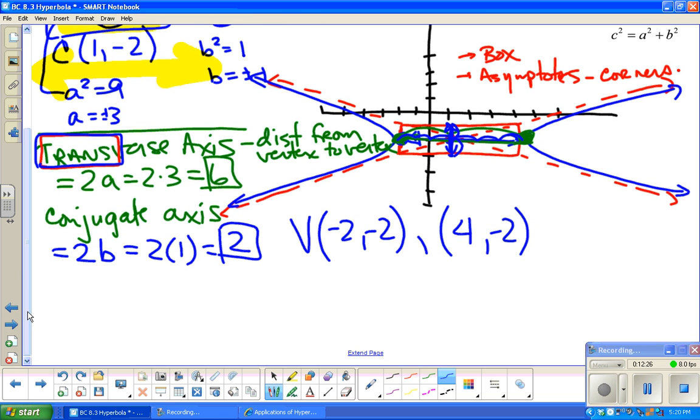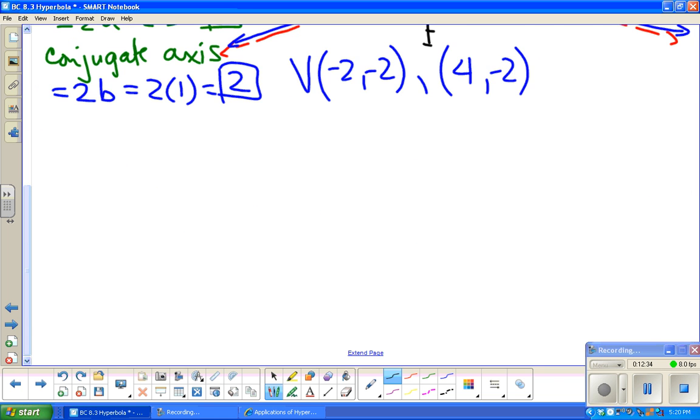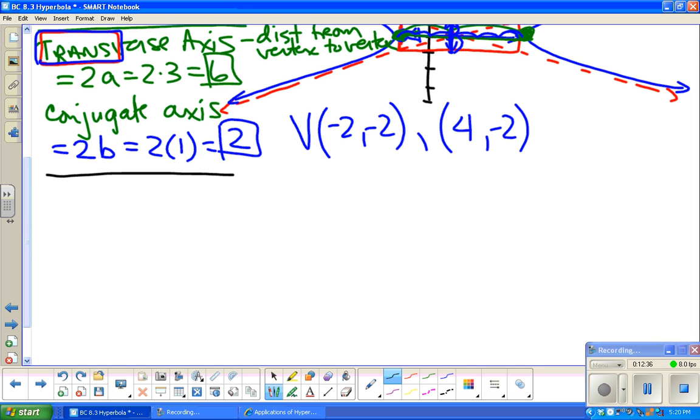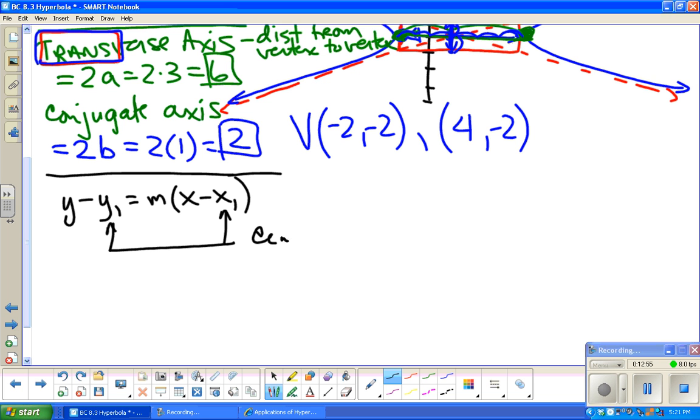Now the last thing that we have to do is the asymptotes. We need to write the equation for each asymptote, the equation for these red lines. I would highly, highly, highly recommend working with the equation in point slope form. I know many of you fight me on this, but this form feels very magical right now, because I can use any point that's on the line, and the easiest point to use is the center.